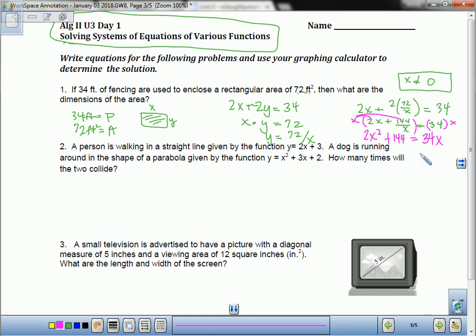All right, so we have a quadratic. What do we have to set a quadratic equation equal to be able to solve it? 0. So we're going to move that 34 over. So we get 2x squared minus 34x plus 144 equals 0.